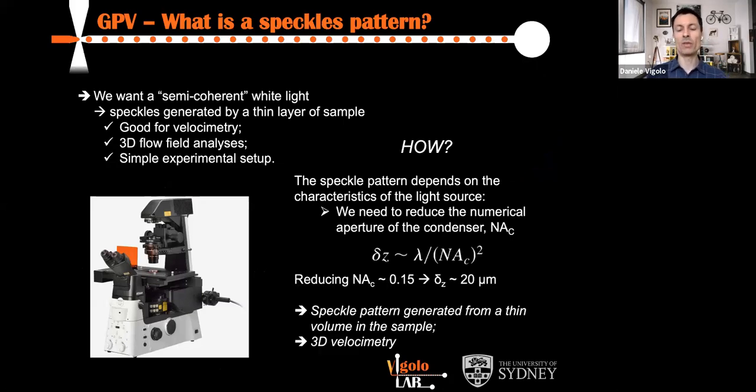And by simply doing this, we can essentially reduce this layer where the light is semi-coherent. But at the same time, we can also guarantee that we can generate speckle, and we can actually map the speckle.